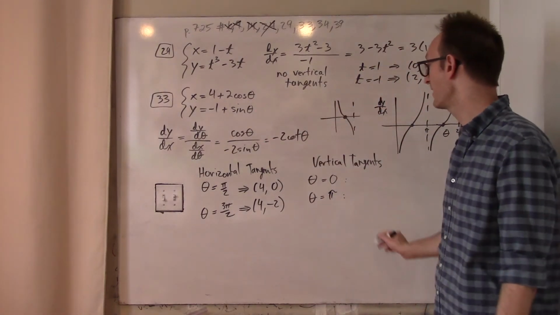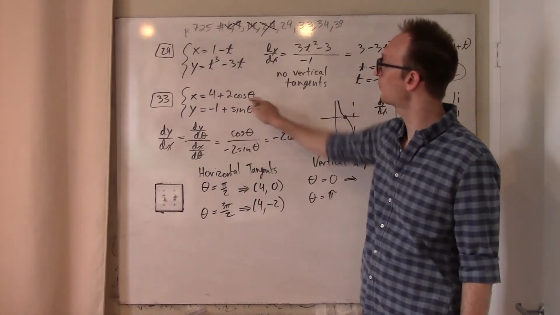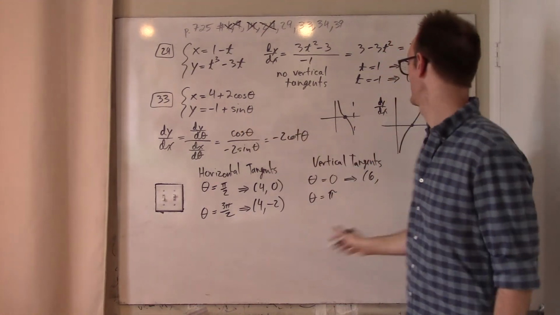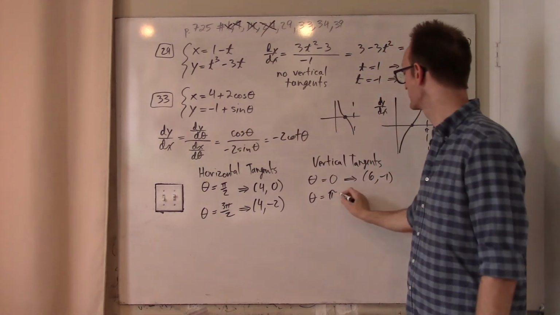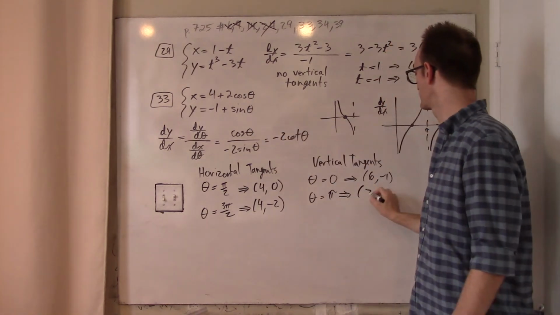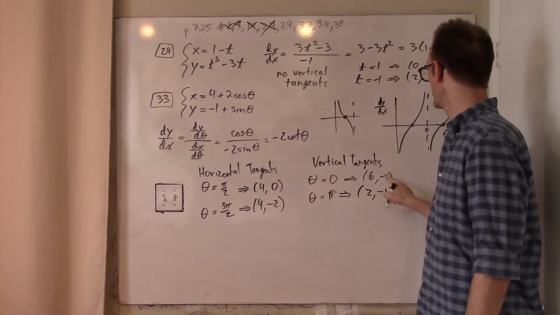So where am I? At theta equals 0, cosine 0 is 1, so that's 6, comma, negative 1. And when theta equals pi, cosine pi is negative 1, so that's 2, comma, sine of pi is 0, negative 1. Okay, so that's the whole problem.